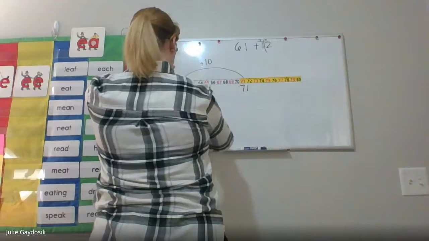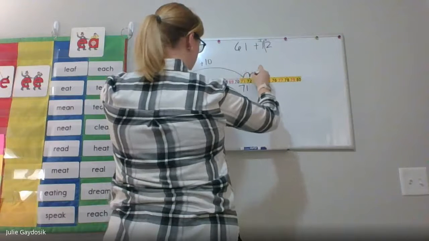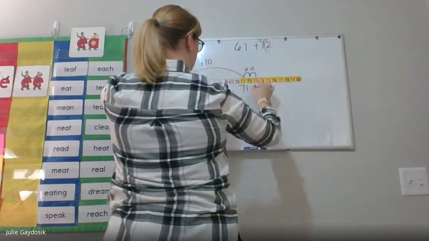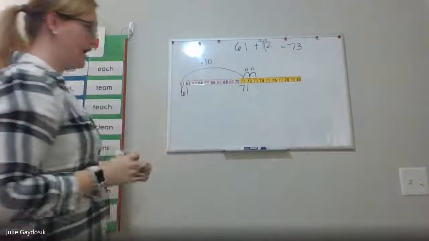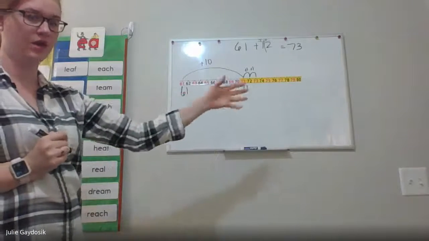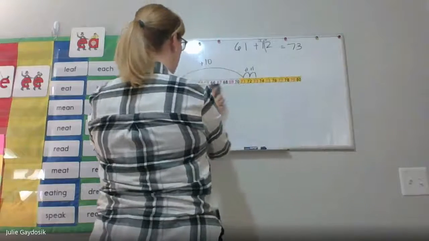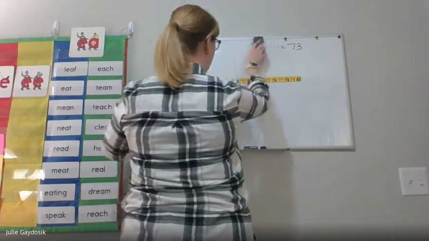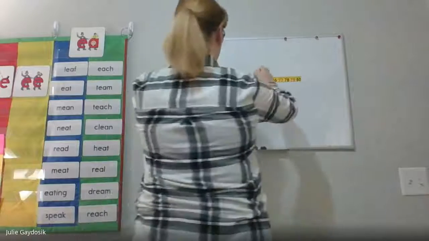So this is 61, 71. Then we'd hop up 1, 2, plus 1, plus 1. That's the 2. So our answer is 73. So I just wanted to show you what it looks like with an actual number line with all the numbers written out.